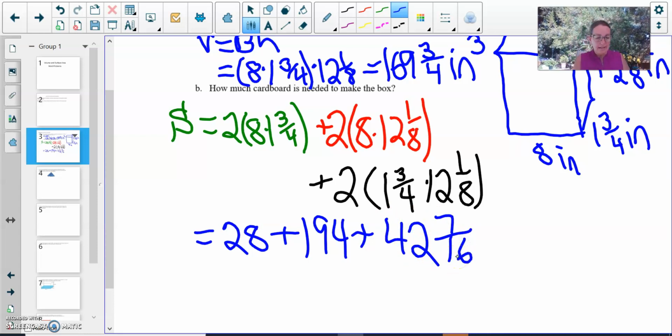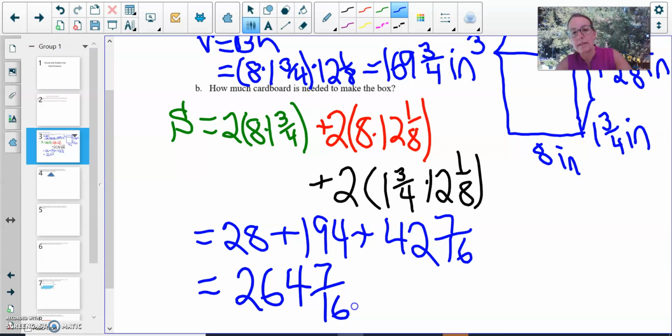Now I'm going to add those all together. That gives me 264 7/16 inches squared.